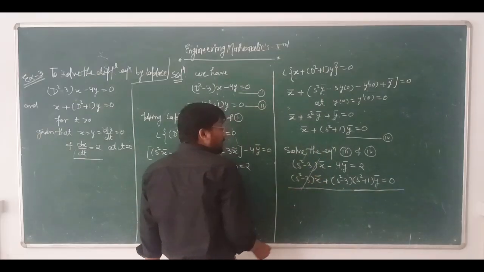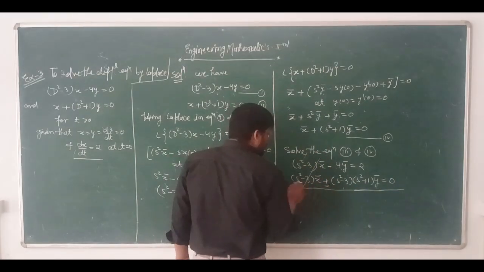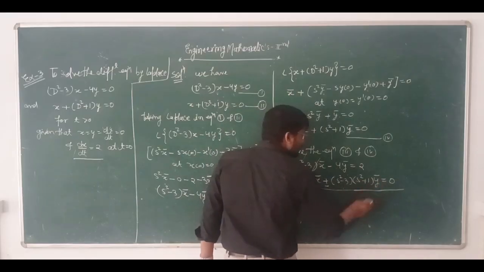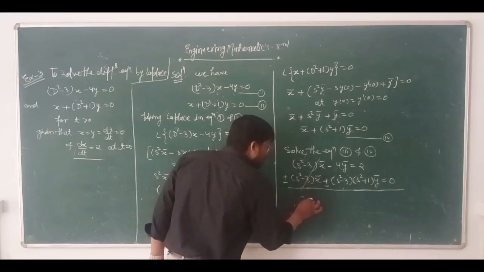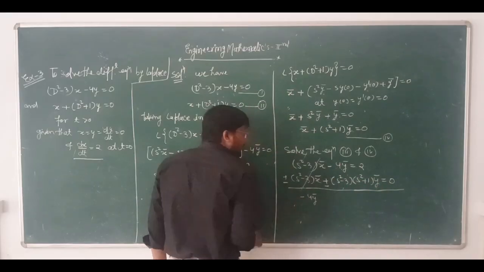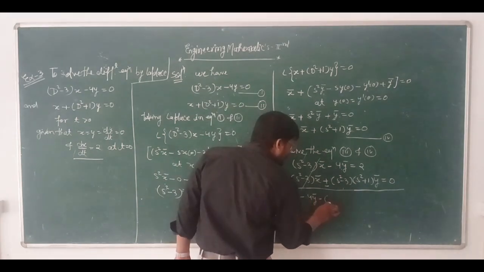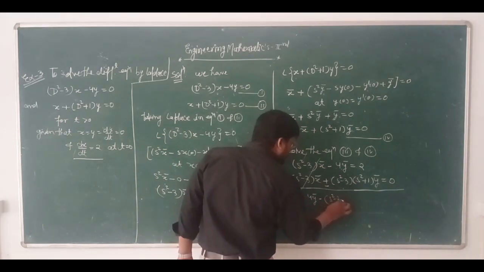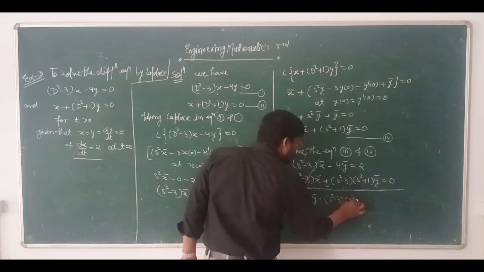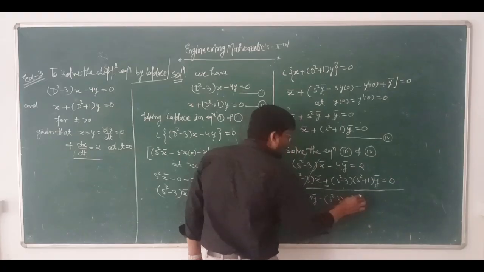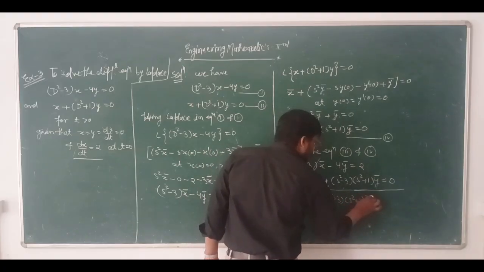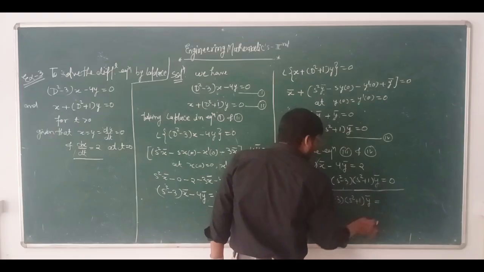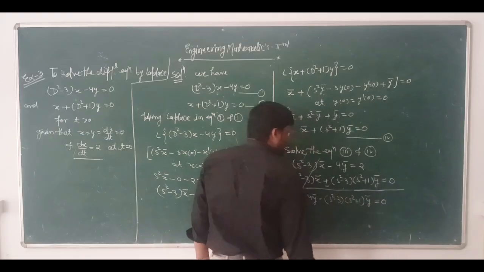This is cancelable. Now you can write minus 4 Laplace of y minus (s square minus 3)(s square plus 1) Laplace of y is equal to 0.